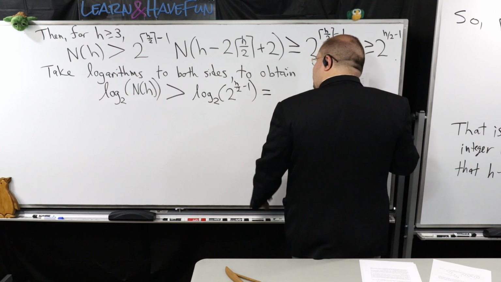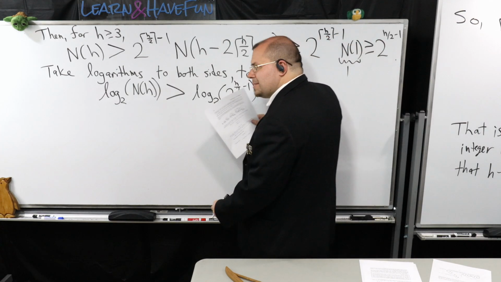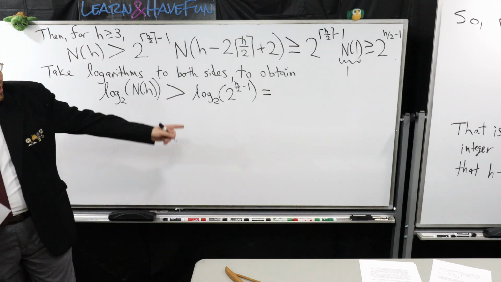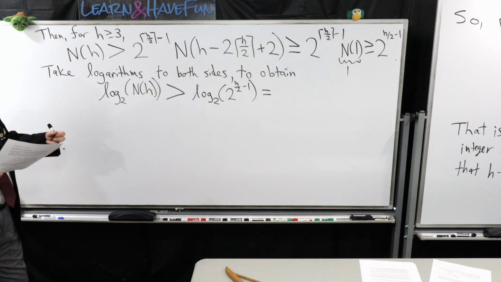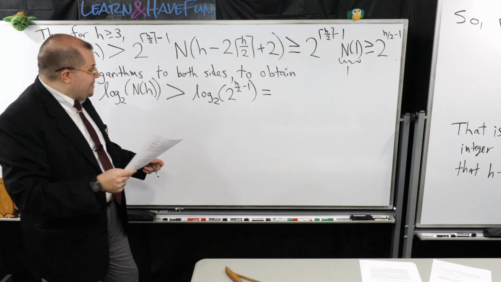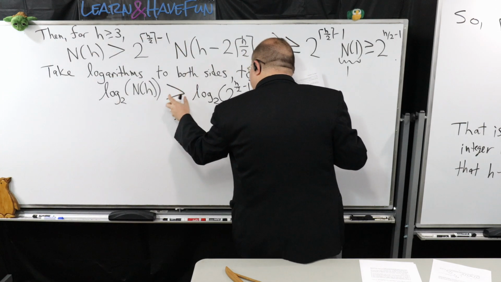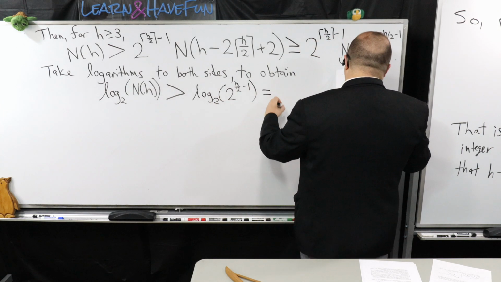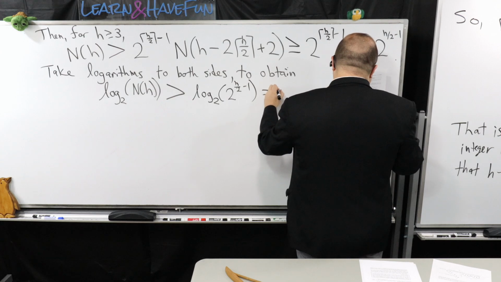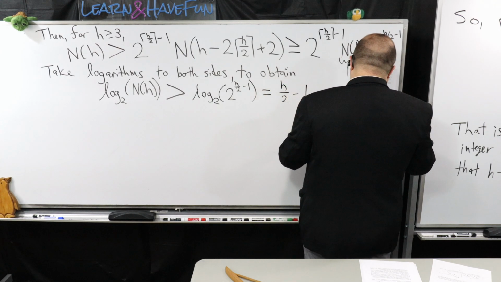What is this equal to? Yeah, h over 2 minus 1, because I can pull this out because of the power law of logarithms. Log base 2 of 2 is just 1. So this is just going to be equal to h over 2 minus 1.